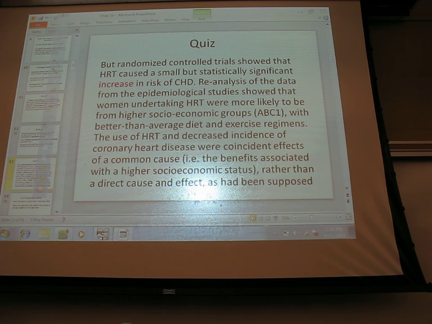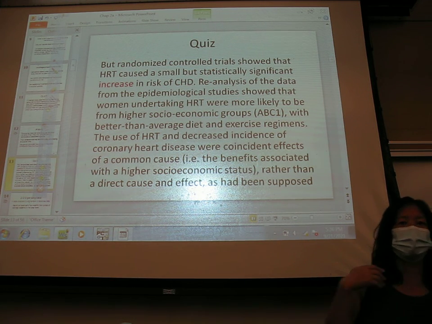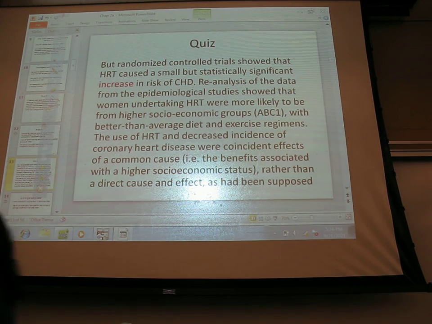What they discovered was that because hormone replacement therapy is optional and not paid for, typically people who do it are more affluent, and those folks tend to have better diet, better exercise programs, stuff like that. So that third thing was really what was causing both of the other things to happen. Confounding variable. There you go.